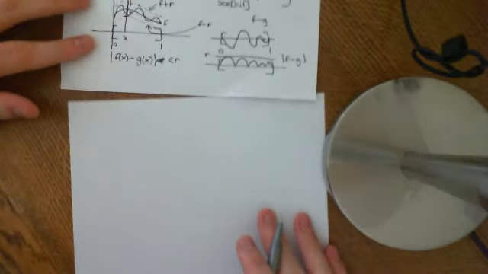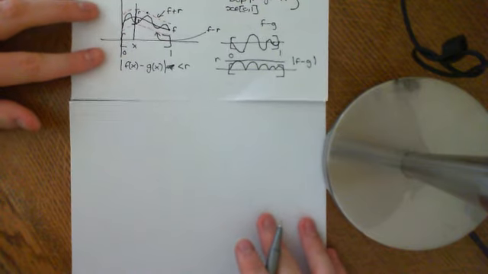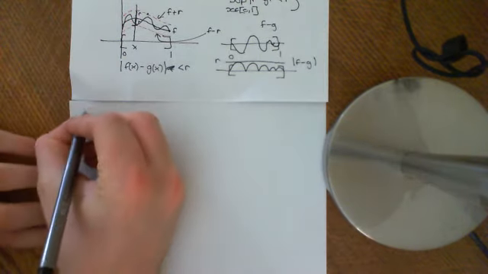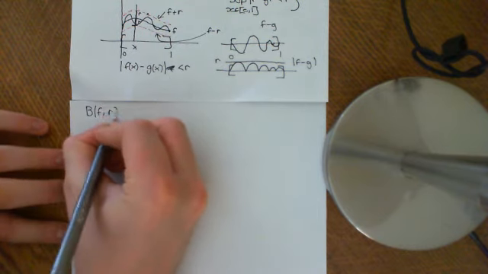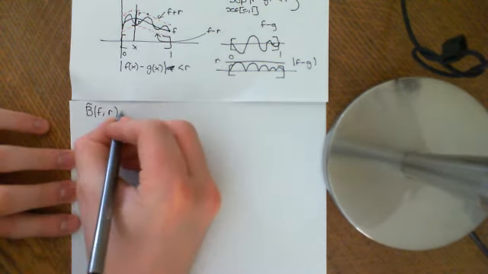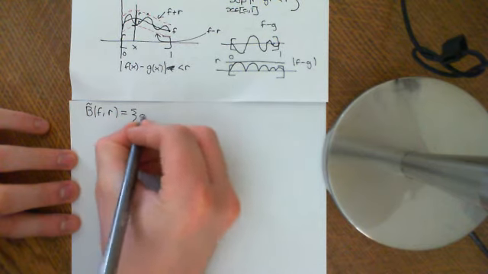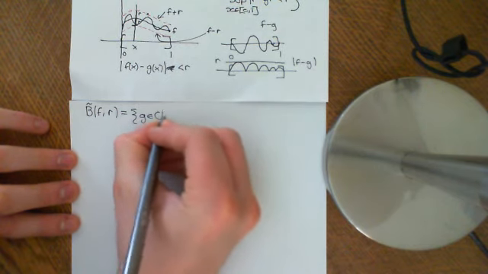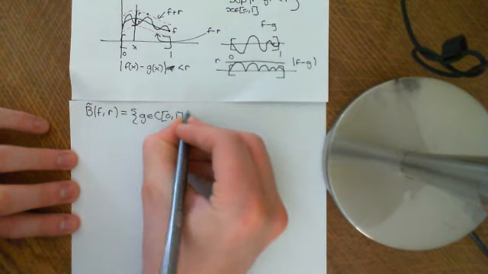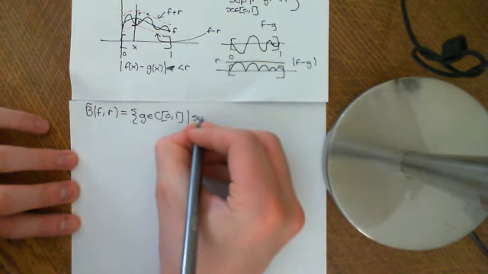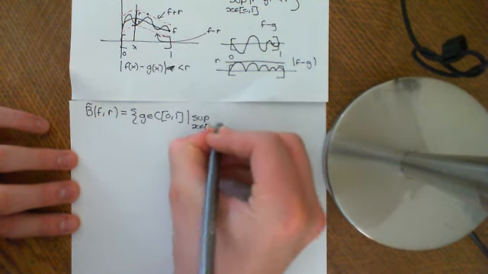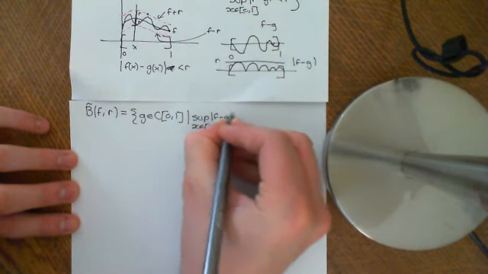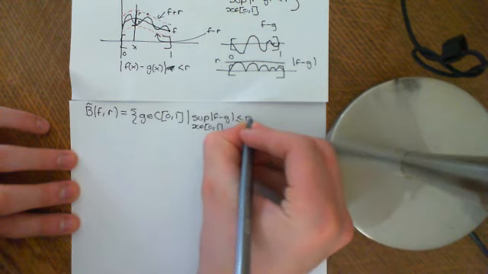Okay, so similar to in this example, if we want the closed ball B tilde of functions f around r, this is equal to the set of functions g, which is an element of C01, such that, again, this supremum over x an element of 0 to 1 of modulus of f minus g is less than or equal to r.